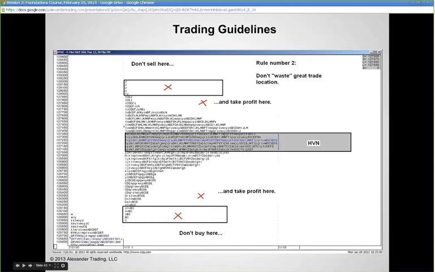So at this point, if I enter here and this thing trades up here and then starts to go down here, do I get out of my trade? I don't. If I entered here with a reason that the market was going higher, unless it took this out, I'm going to sit here and I'm going to make it take me out.